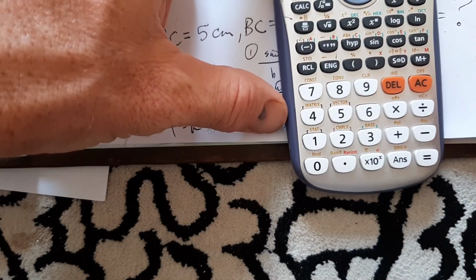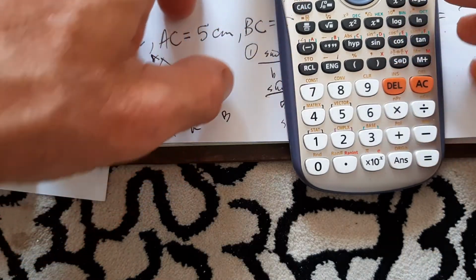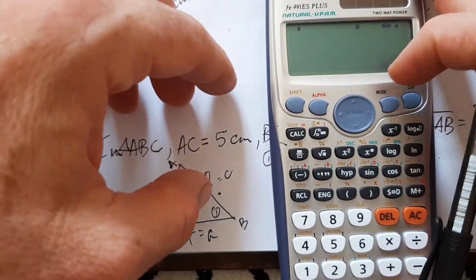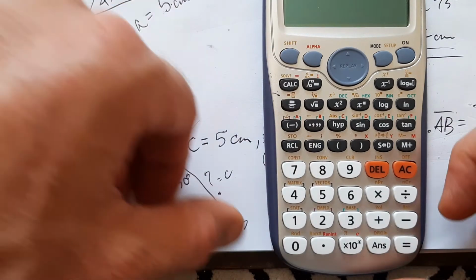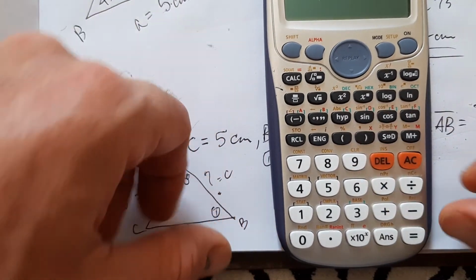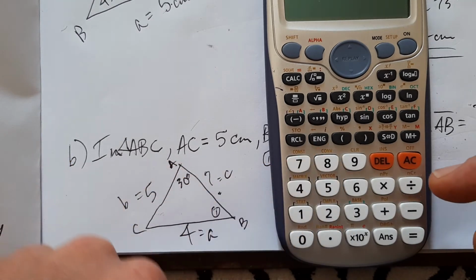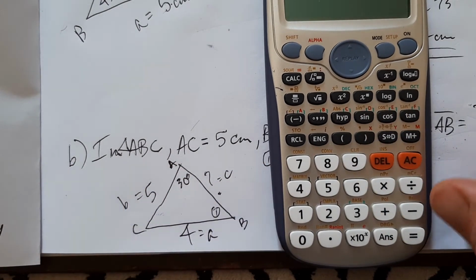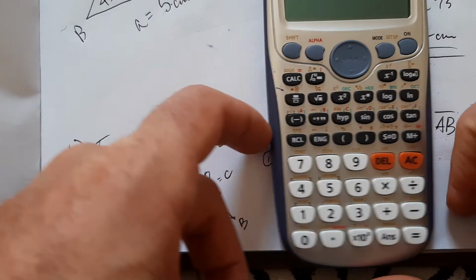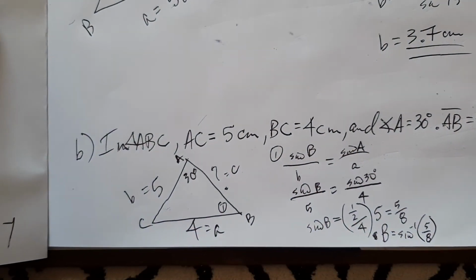So clear. And on mine, I hit shift, sine inverse, 5 divided by 8, equals. Now, what do I think before I press that button?